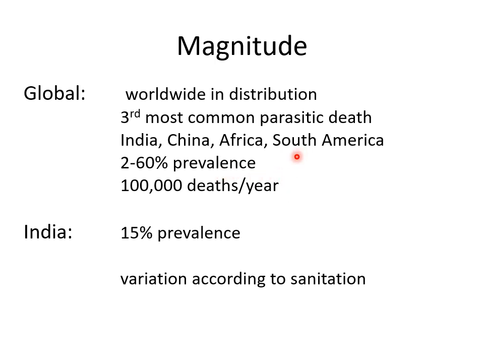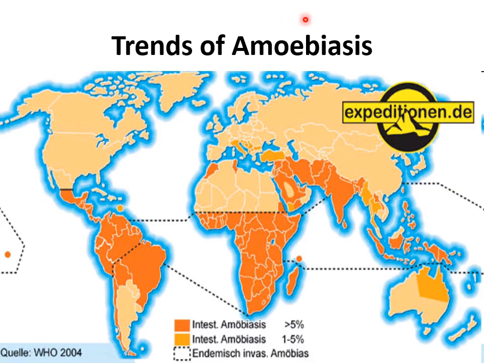This is global. In India, there is a 15% prevalence, and it depends on the area sanitation. So what about trends of amebiasis? You see that they are quite high in Africa and America as well as India, and very low in the rest of the world.